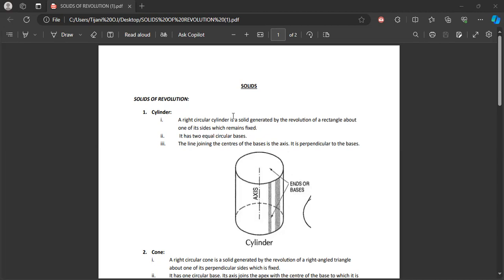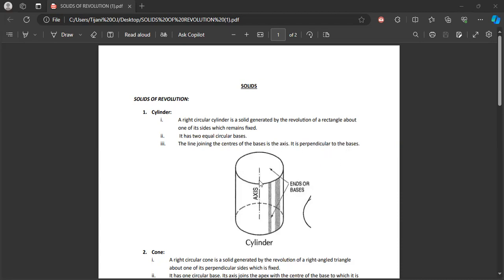Just like you have a cardboard and you fold it to form a cylindrical surface. Another thing about a cylinder is that it has two equal circular bases. As you can see here, this is one circular end and this is the other circular end. Then the line joining the centers of the bases is the axis, and it is perpendicular to the bases.